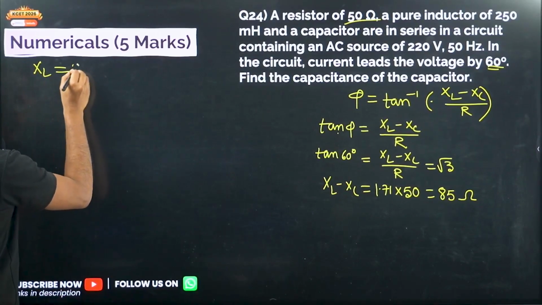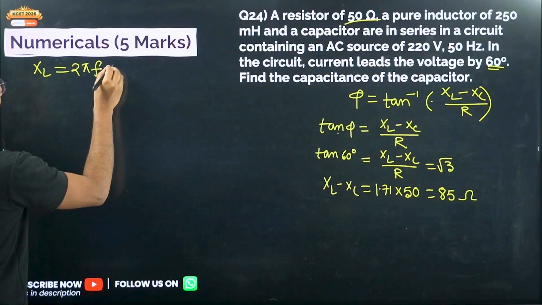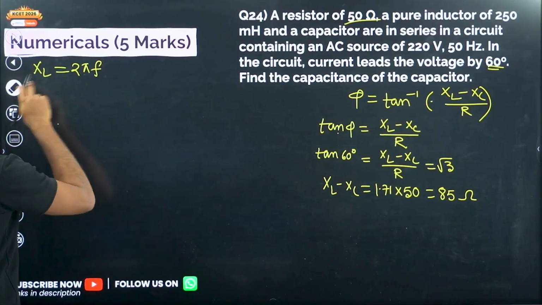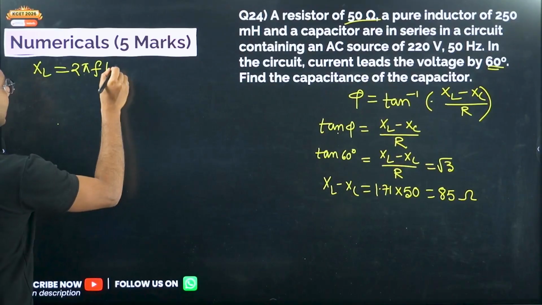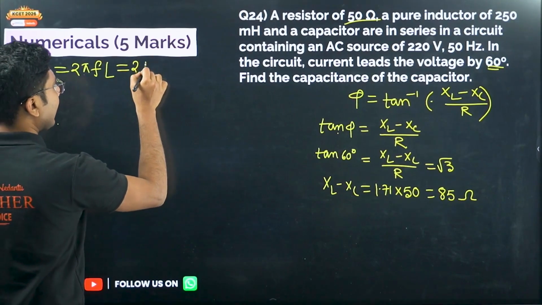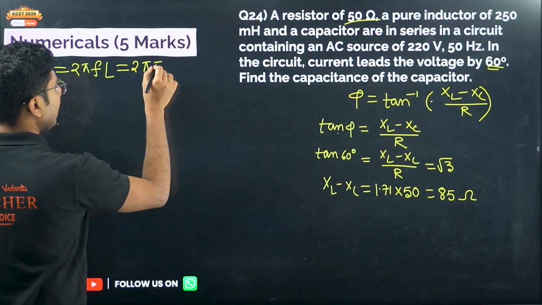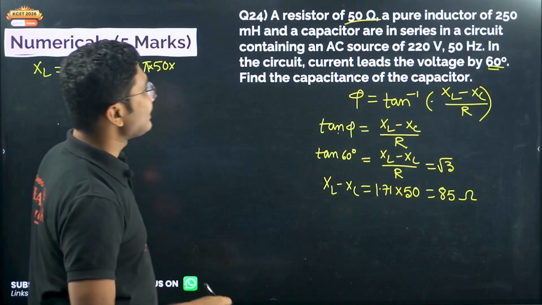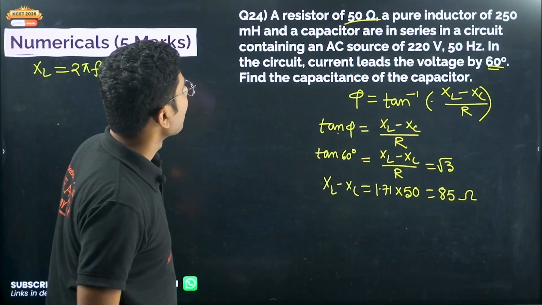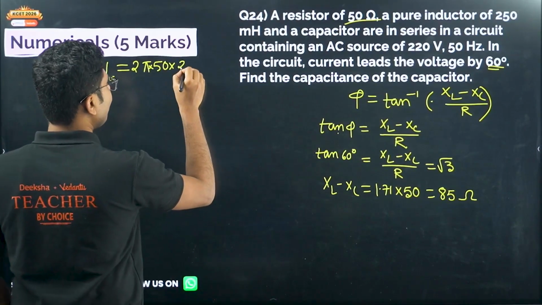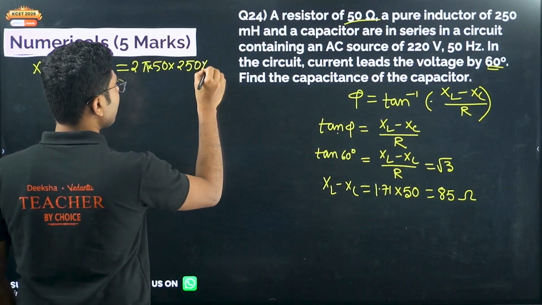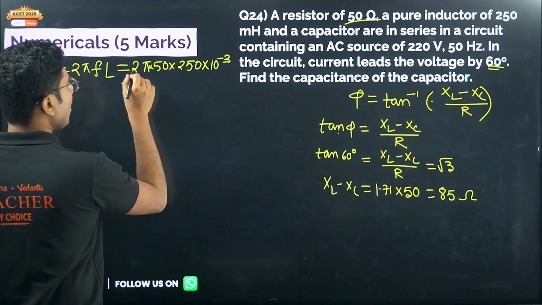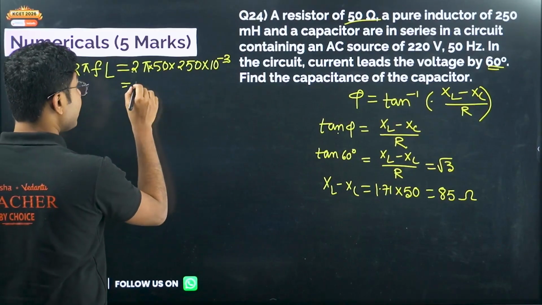XL is 2 pi F into L. Okay, inductive reactance. So 2 pi 50 into L, which is 250 millihenry. 250 millihenry means 250 into 10 to the power of minus 3. Milli means minus 3. So 50 into 2 is 100.